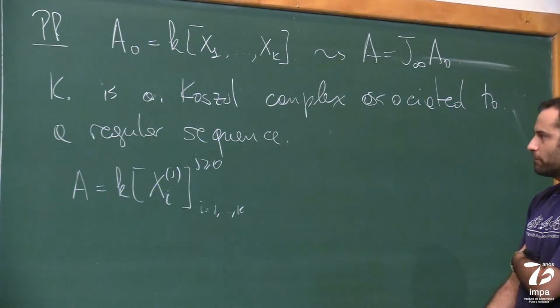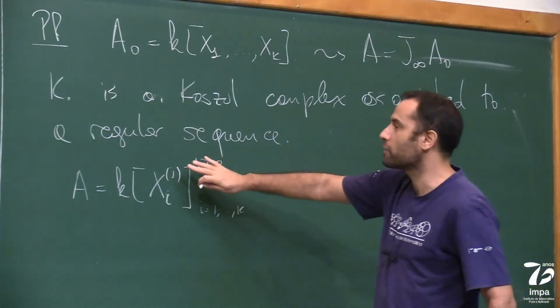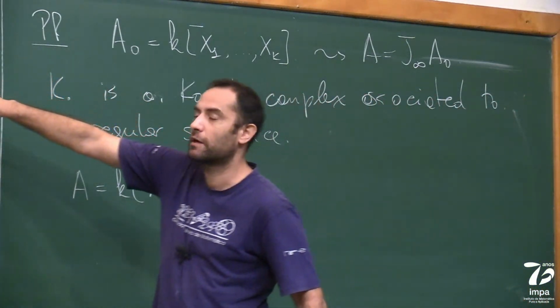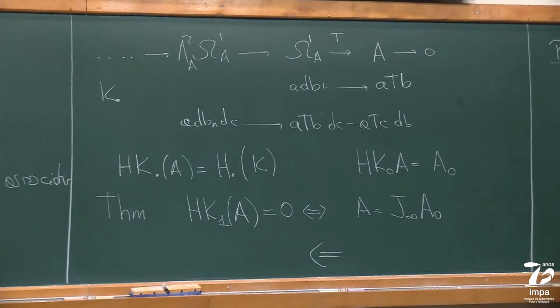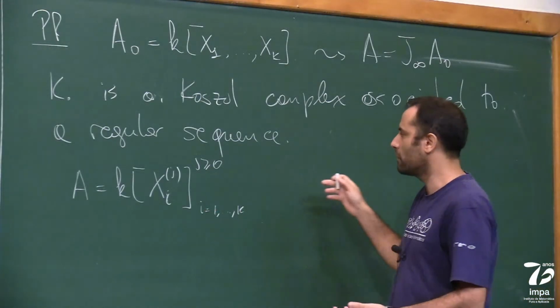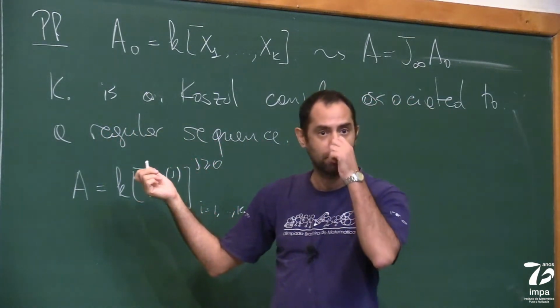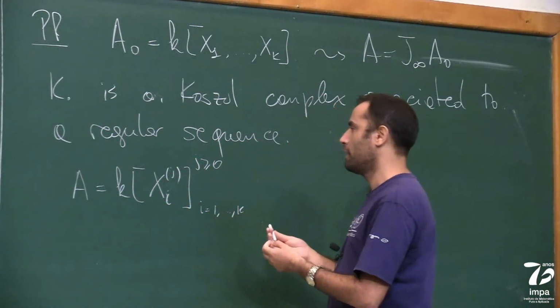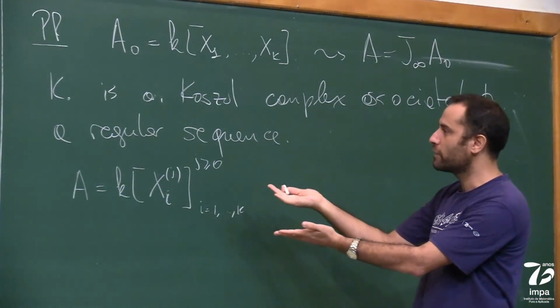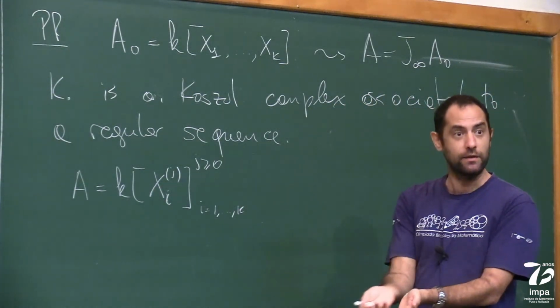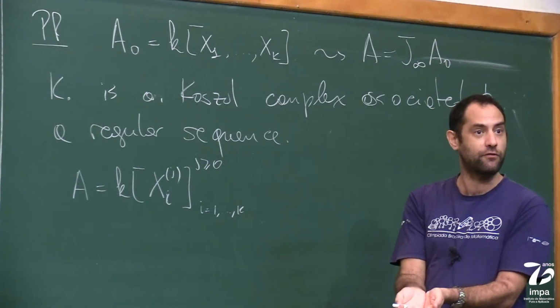And in this particular case, the Koszul complex that I'm writing here is associated to a sequence that is not strictly speaking a regular sequence, because I'm going to take an infinite number of generators. To give you a regular sequence in a ring, I need to give you an ordered set of elements of that ring.